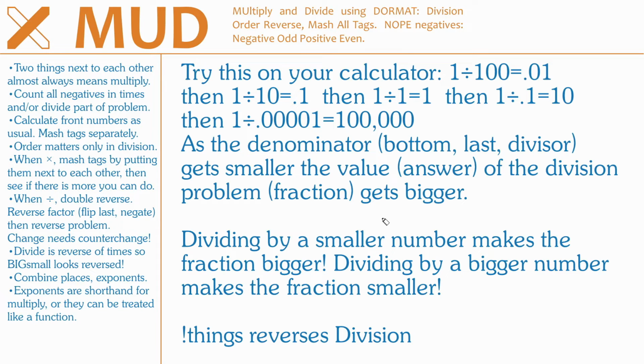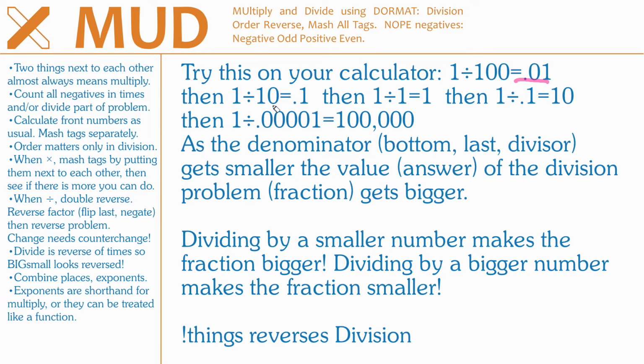Okay, we are still looking at DOORMAT, division order reverse. Now we're going to start introducing this idea. So here's a simple exercise. Try this on your calculator. 1 divided by 100 gives you 0.01.